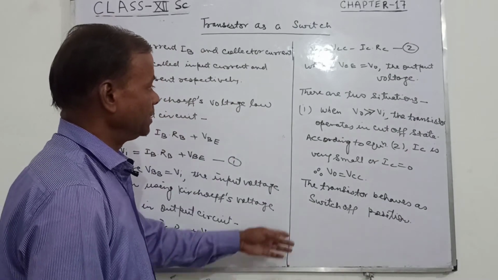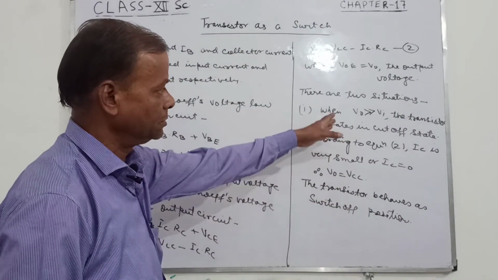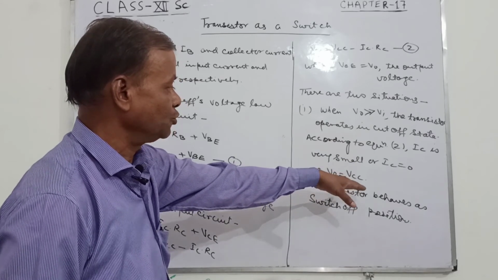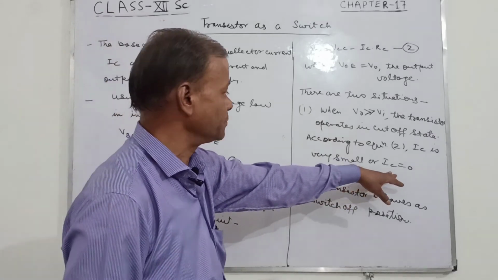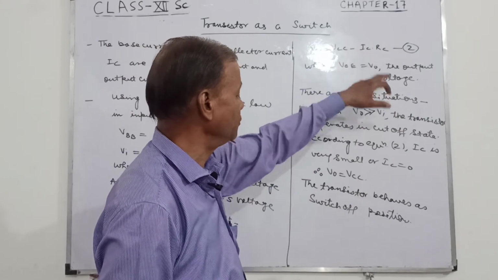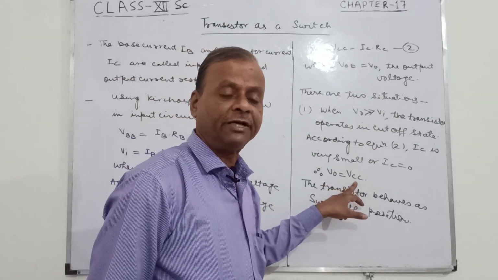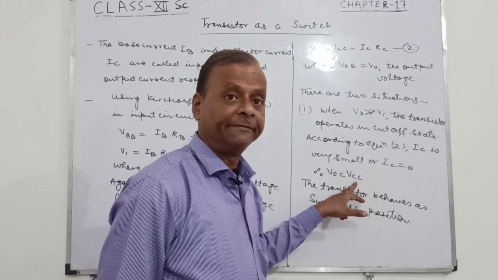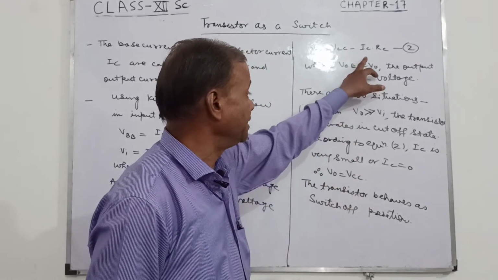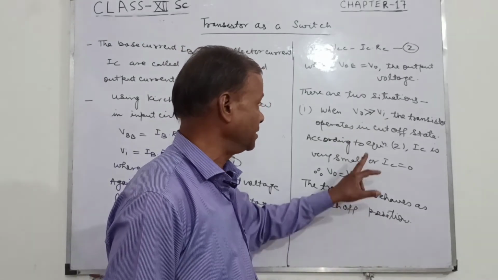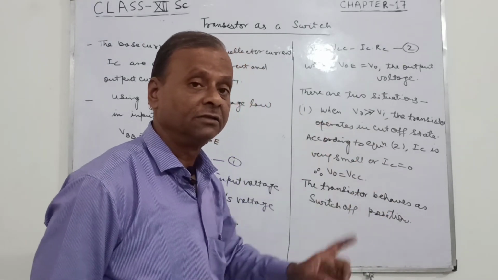So here the transistor is not being operated. Not being operated means that the output is now maximum and IC is very small. This is equal to what? Equal to the voltage that we have applied by the battery. So we are not getting this IC. IC not getting means the transistor is acting in the cutoff state and there is no current in the output.